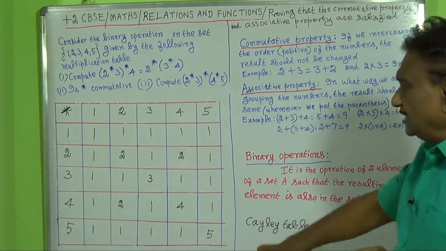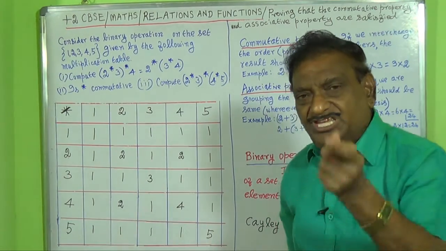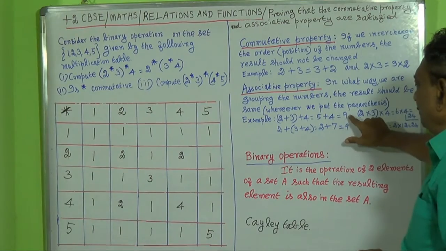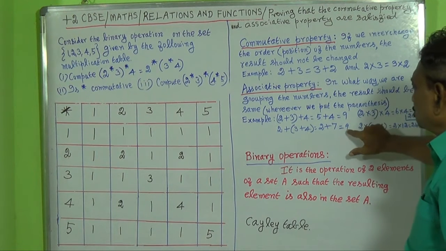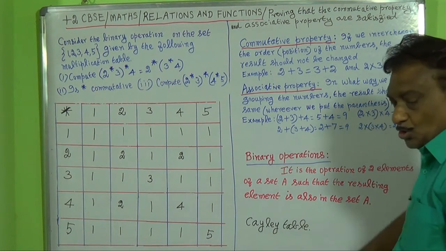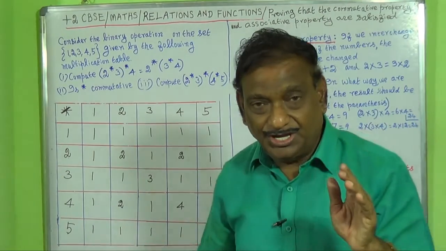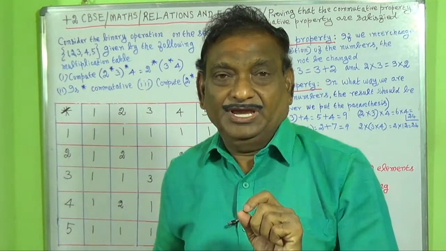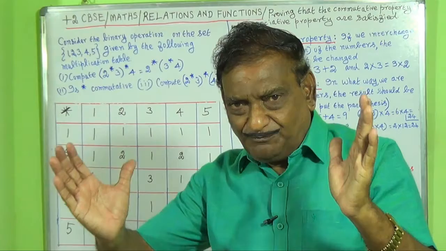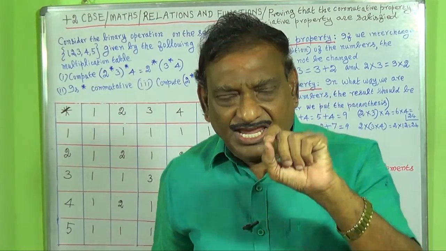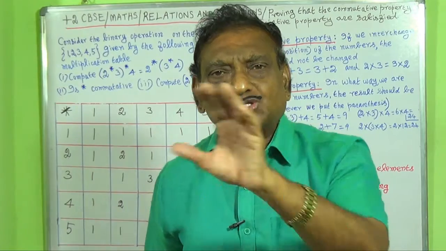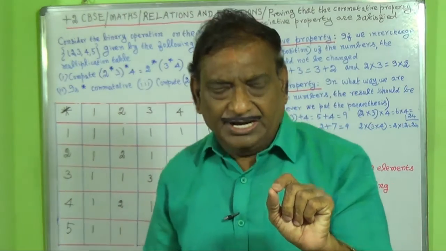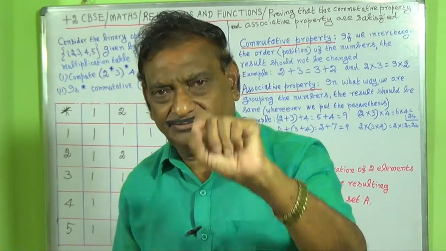After getting the result, if we add 2 to this 7, the final result is 9. Here also we get 9. So the result is not changed, in whatever way we group the numbers. In the first case, we group the first two numbers. In the second case, we group the last two numbers. So in the case of addition, the associative law is satisfied.